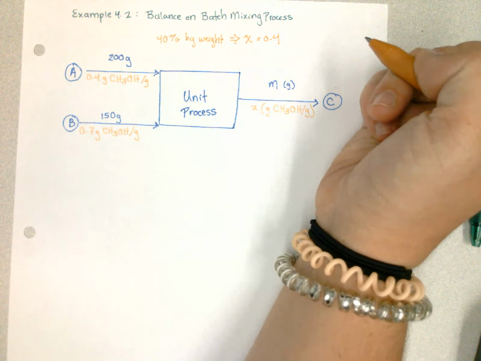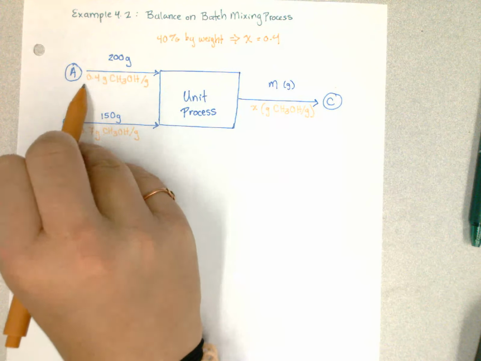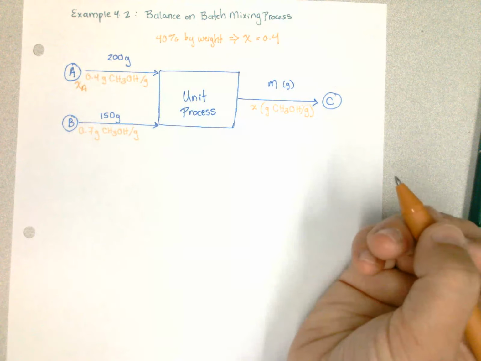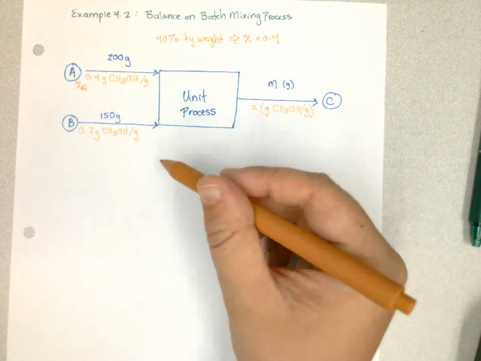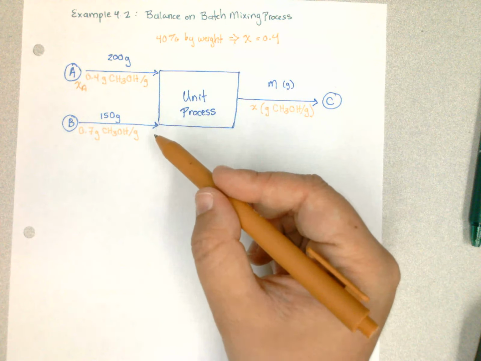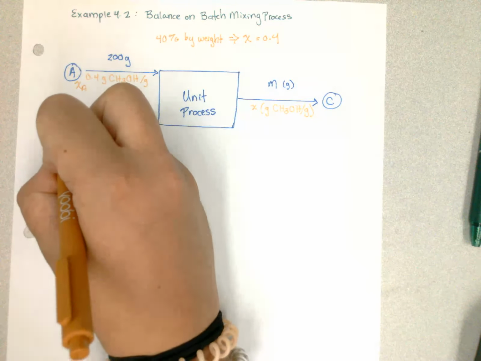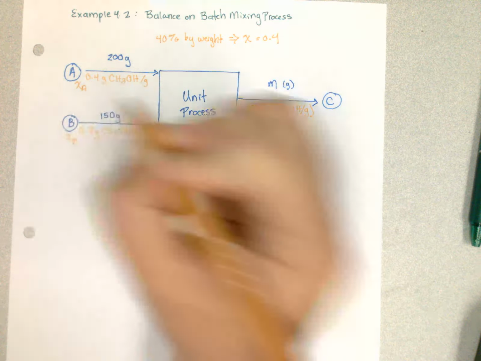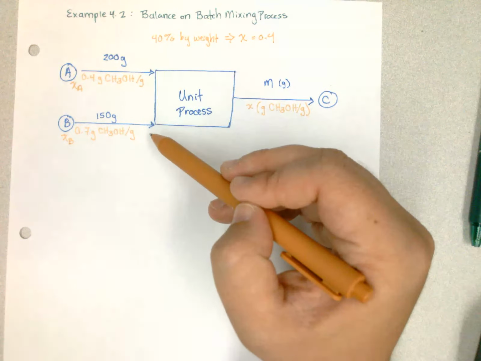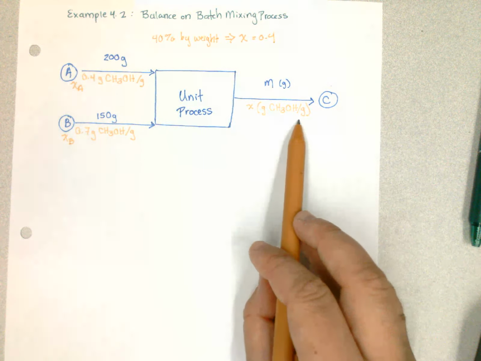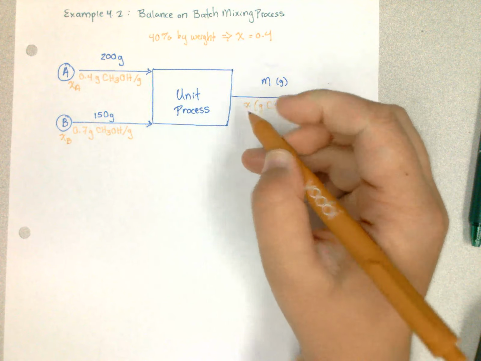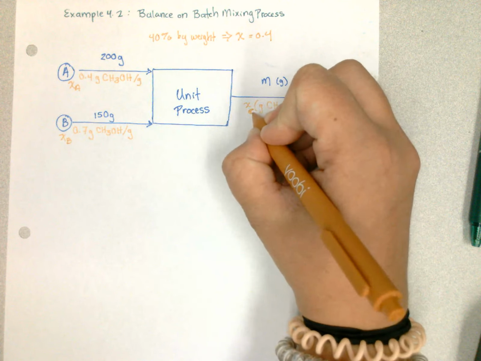For labeling this in terms of variables, this is X sub A. By the same token, we can go down to stream B. Our second mixture has 70% methanol, so this right here is X sub B. We have some methanol coming out, but we don't know what that is, so we're going to call that X sub C.